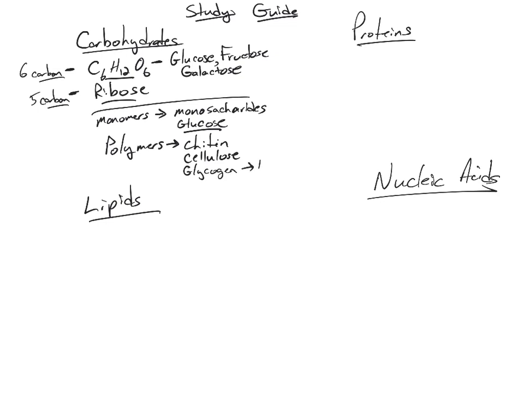This is humans. This is a tree structure. Energy storage. Chitin is structure for insects, right, or arthropods, actually, not just insects.